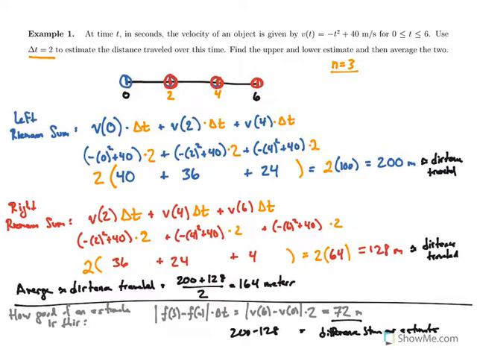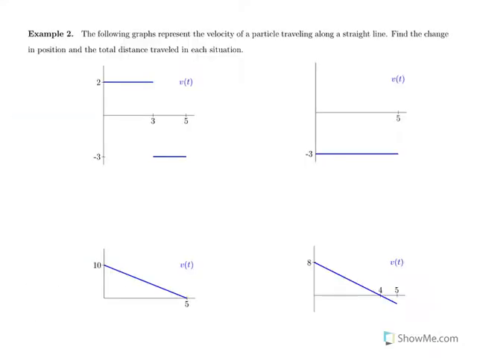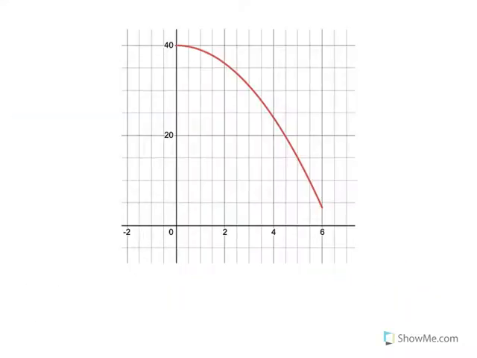So let's do something with this. Let's say instead that we did a different time interval. So I'm going to go to a new page here. We have a picture of this graph as well. So here is v of t, right? And we did 3 different intervals.